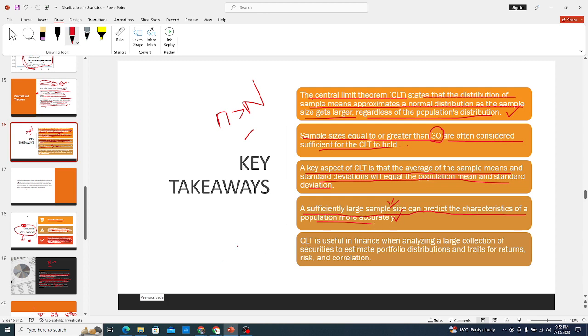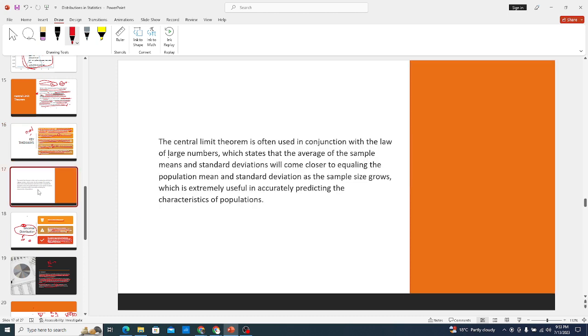All right. The central limit theorem is also useful in finance when analyzing a large collection of securities to estimate portfolio and trade returns, risk, and correlations.